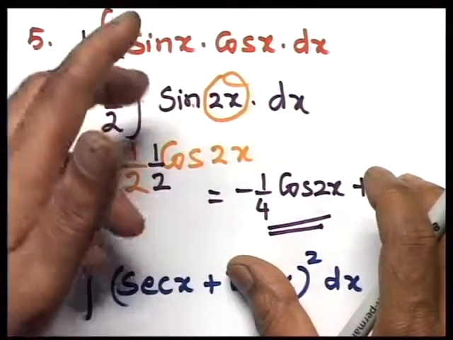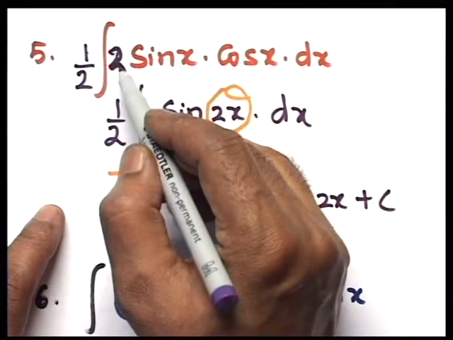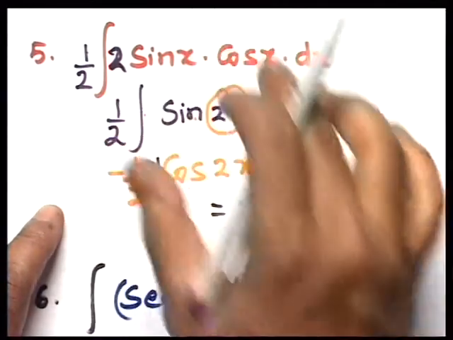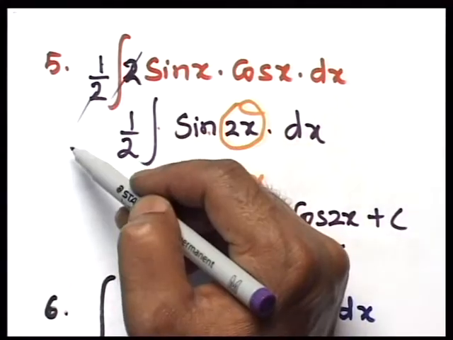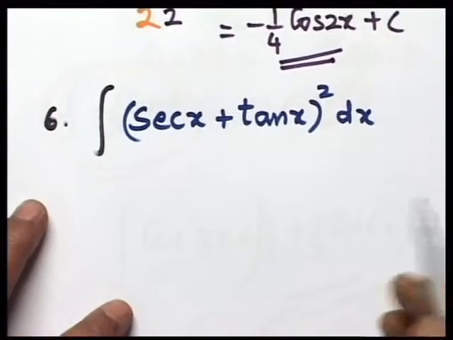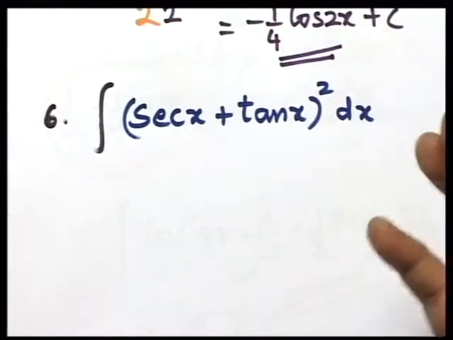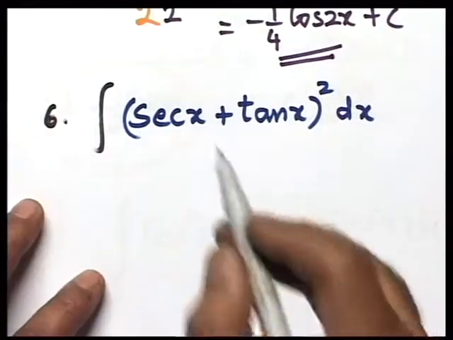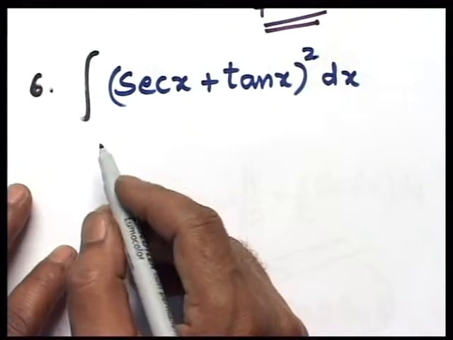So you are allowed to introduce a few numbers as long as you do not make any changes in the original question. Here, if the 2 is gone, there is no change in the sum, right? That's the idea. Sec x plus tan x whole square. They are not standard form, right? Because there is a square, let's just expand it and then see what we get.